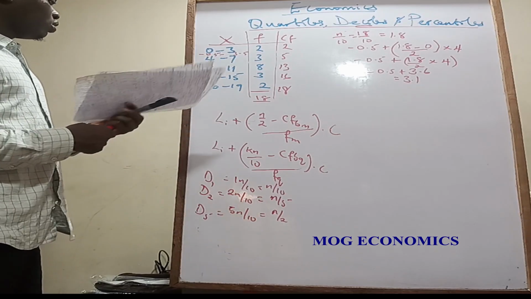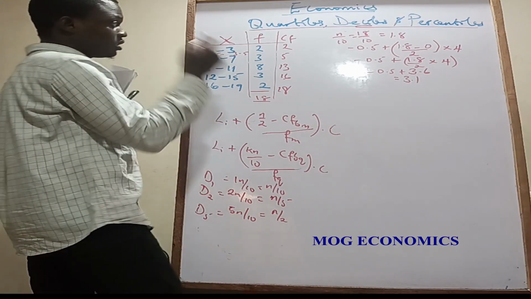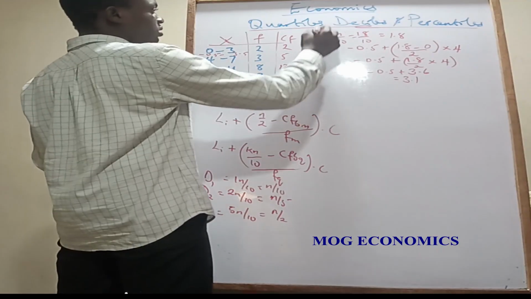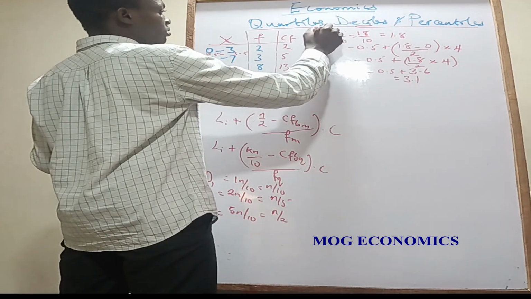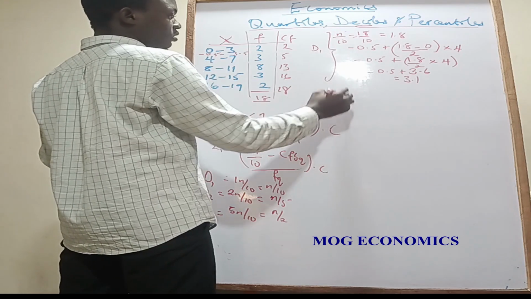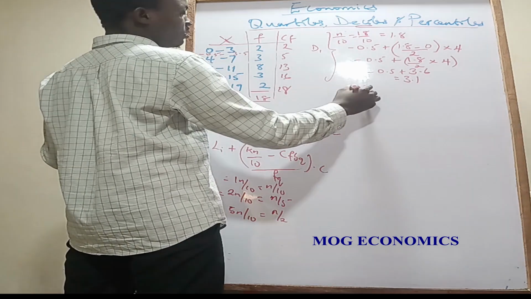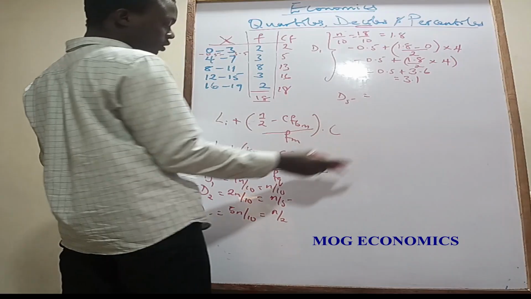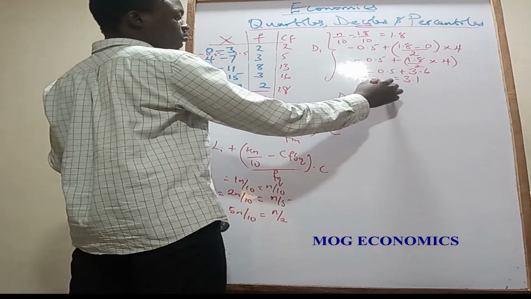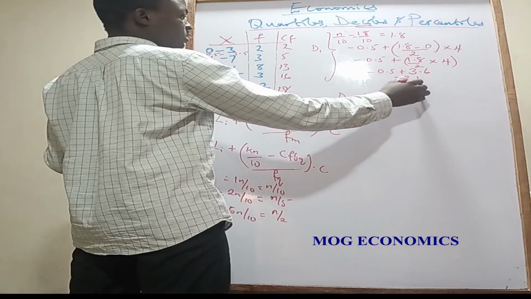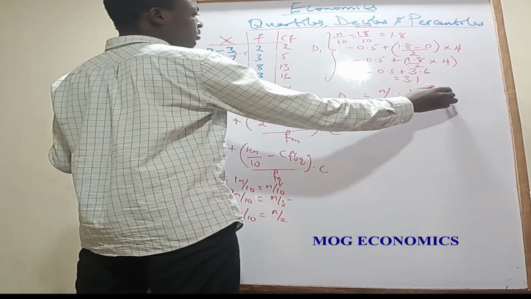It's correct. So the whole thing here is for D1. So D5 will be n over 2, which is 18 over 2, which is 9.